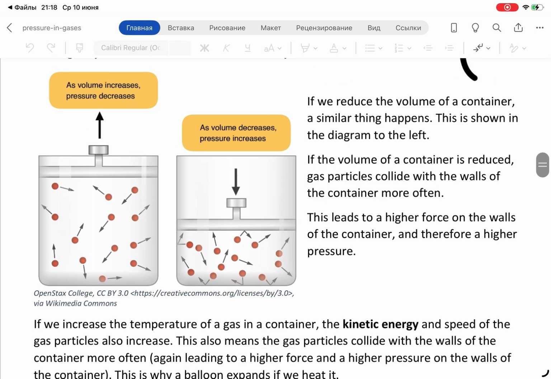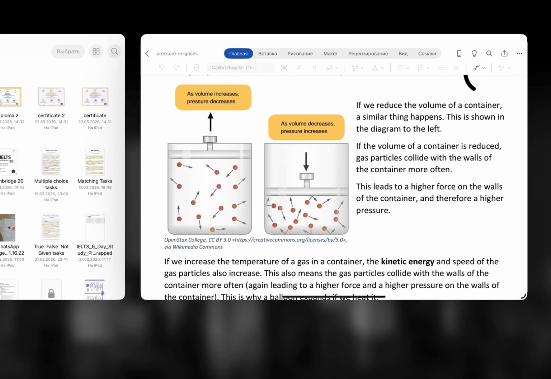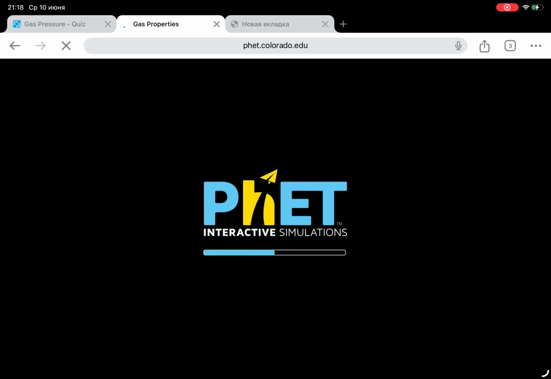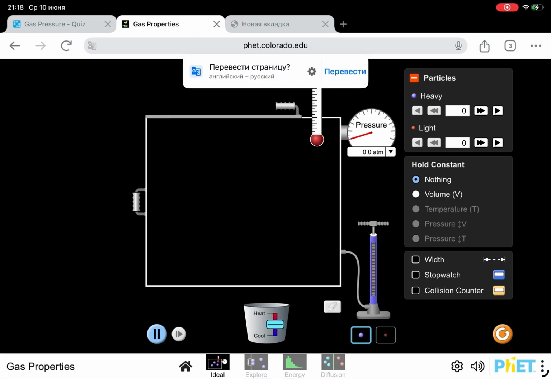If we want to demonstrate changes in gas movement or particle movement, we have to see some demonstrations with the virtual lab. So let's move on to the PhET Colorado simulation.